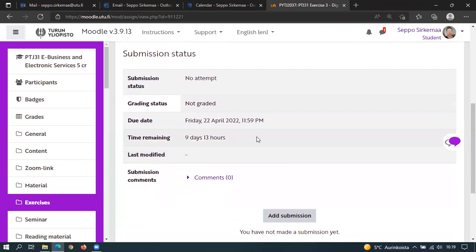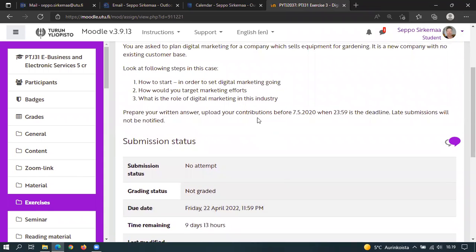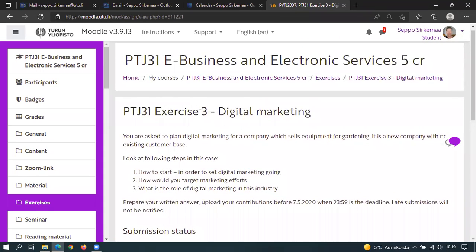You will have time available till 22nd of this month, and altogether 9 days and 13 hours at the moment. So plenty of time for preparing an answer to this exercise as well. And as noted, it's a very good idea to do these exercises because they provide bonus scores and they might be useful in order to get a good grading for this course.